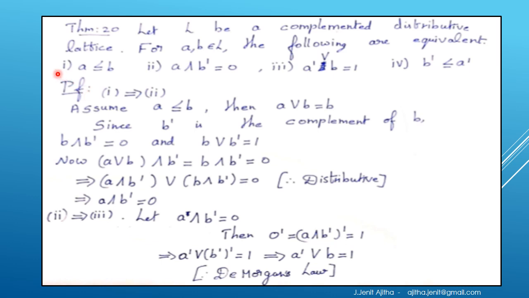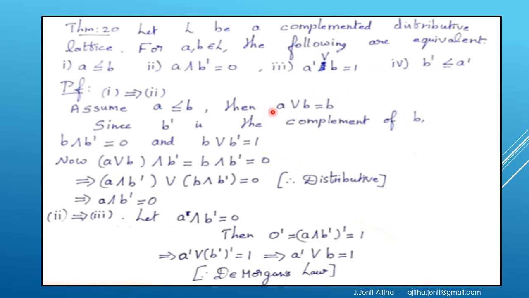The first part will be proving 1 implies 2. Now assume that A is related to B. And we know that if A is related to B, then B is the upper bound and A is the lower bound.